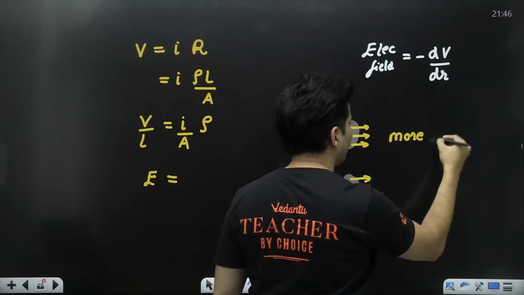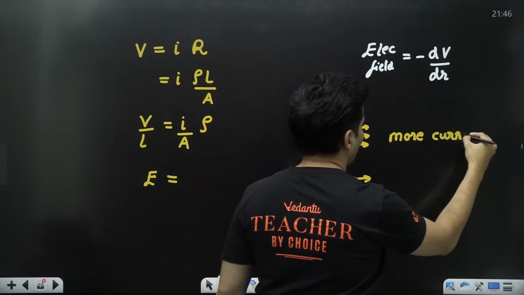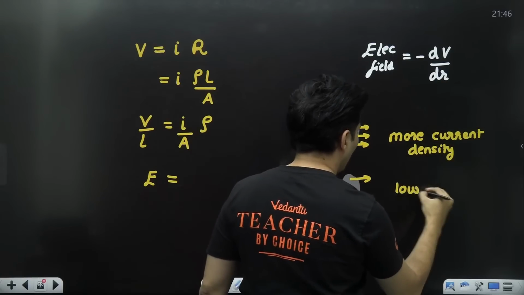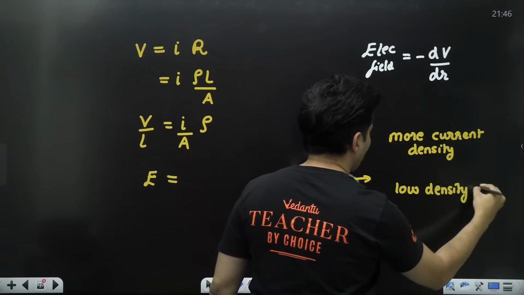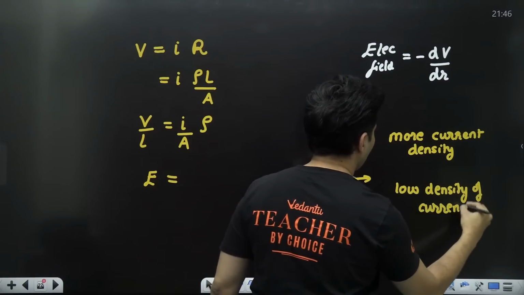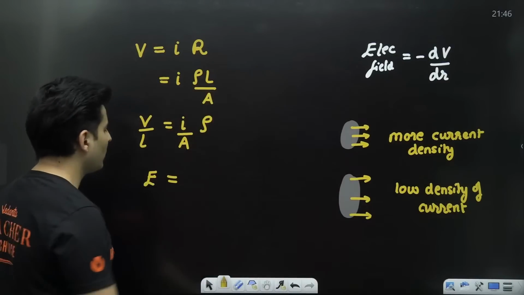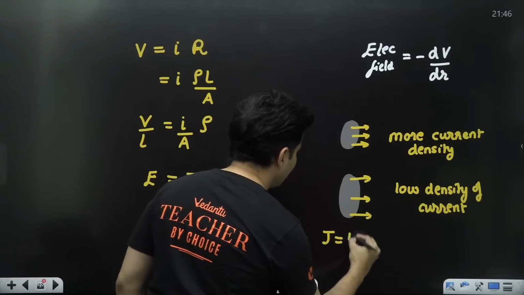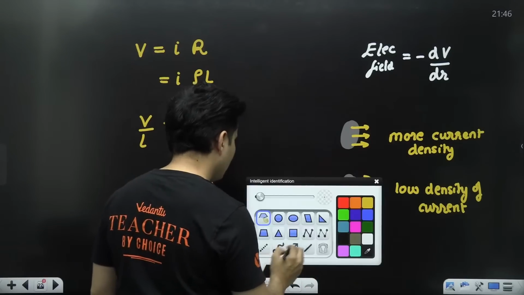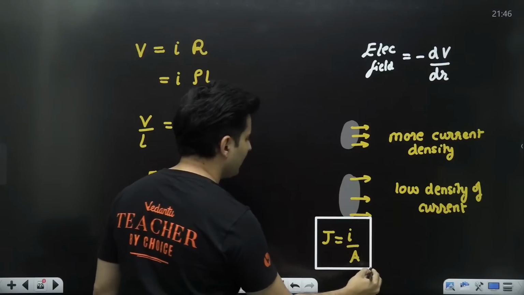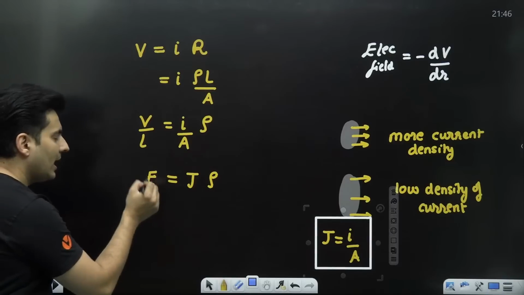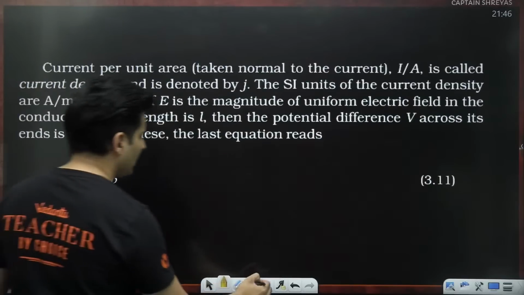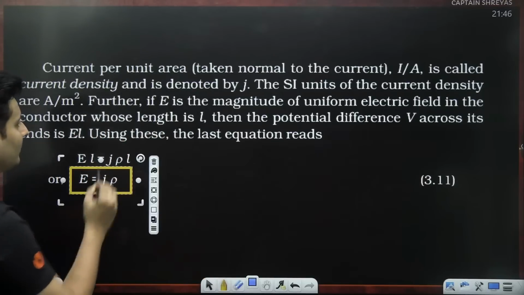So the current is more dense in this case, versus there is low density of current in this case, because the area is more for the same current. So this current per unit area is given a symbol J. Remember, this J is current density, which is I by A. Very, very important. So that is how they get electric field is J rho. Electric field is nothing but J rho. That is what they have got right over here.